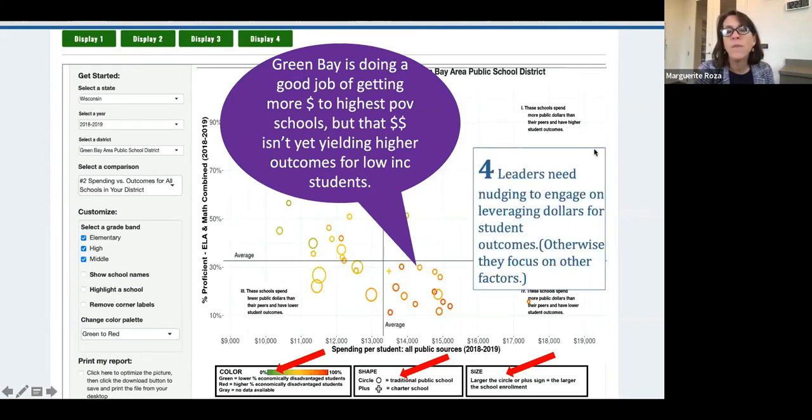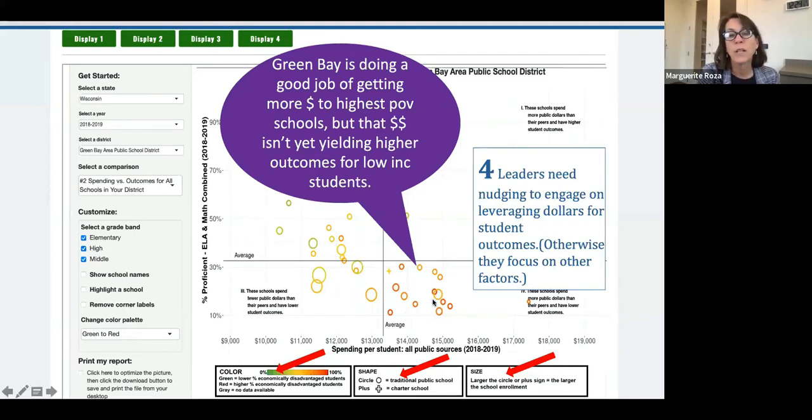And what we found when we brought these displays to districts was that leaders needed a little bit of nudging to engage on leveraging the dollars for student outcomes. So they would look backwards, but not forwards. Like, let's say the school way over here, $17,500 for a small school, and say, well, if we're going to invest that much per student in this small school, how do we make sure that the students are getting some value and we're seeing real outcomes for their kids?